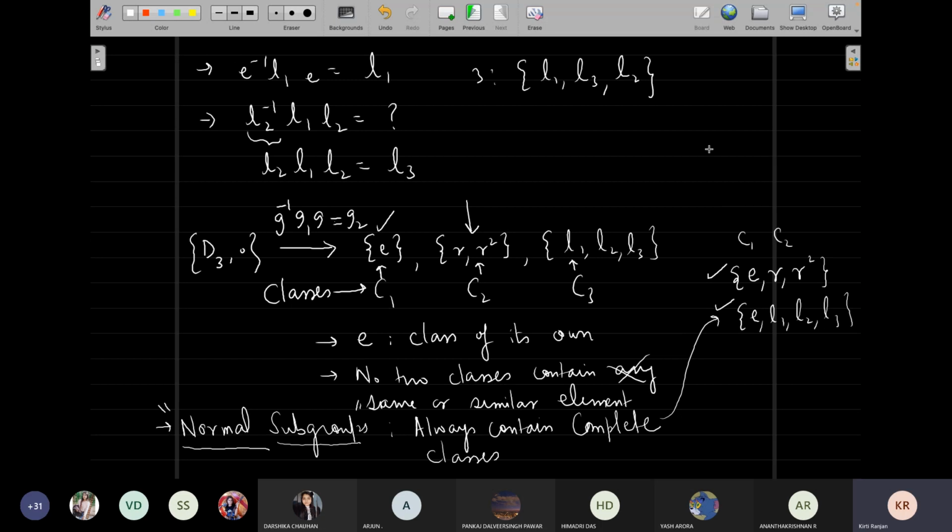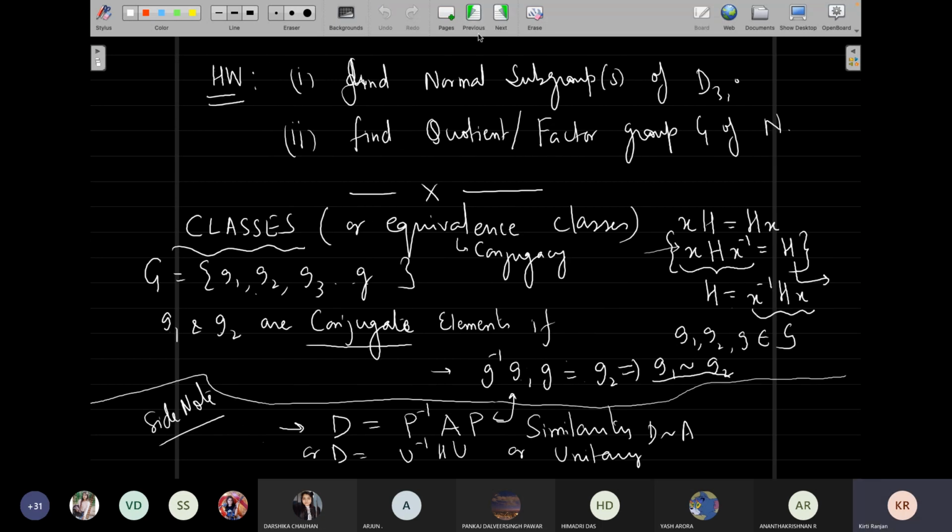But once we understood the structure, that XH equals HX implies that we can have an X inverse HX kind of structure, we try to utilize this fact by dividing the whole group into equivalent or conjugacy classes.